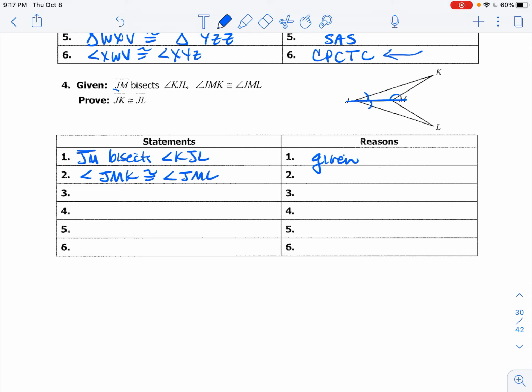So JMK, this obtuse angle, is congruent to JML, this obtuse angle. All right, so let's go back to statement 1. If JM bisects KJL, then we know that angle KJM is going to be congruent to angle LJM. And this is the definition of an angle bisector.